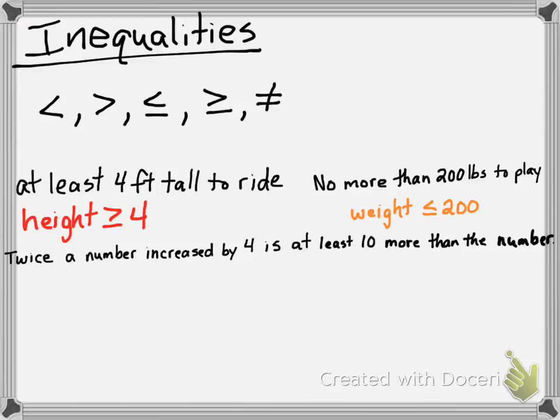Alright, so we've got twice a number increased by 4 is at least 10 more than the number. Okay, so I'm just going to go through here and show you how I would translate this.